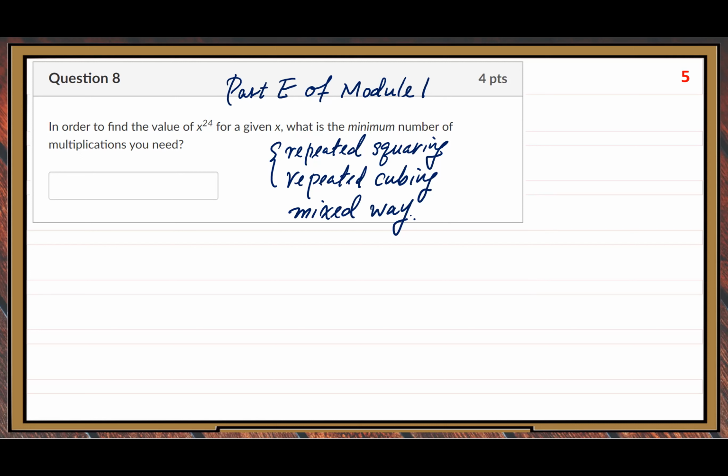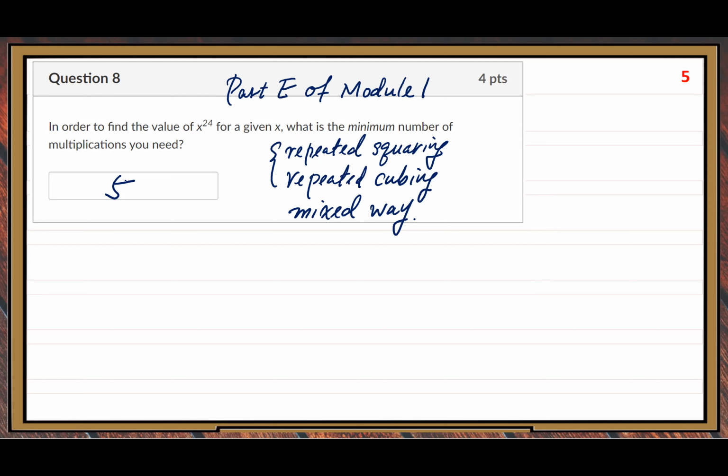So the answer is 5. But the ways to get this number 5 are quite different, and you only need to use one way. Let me use a few ways to show you how to get this 5.